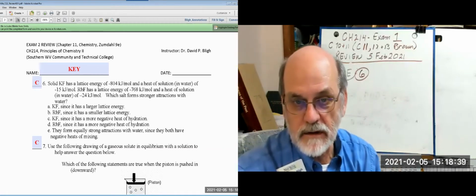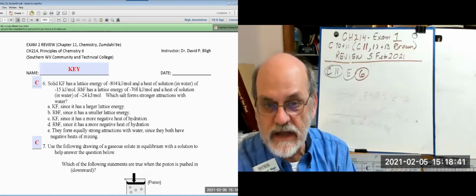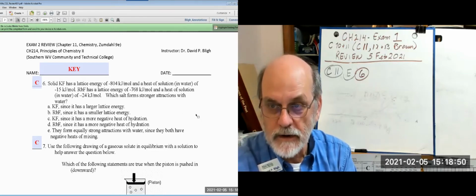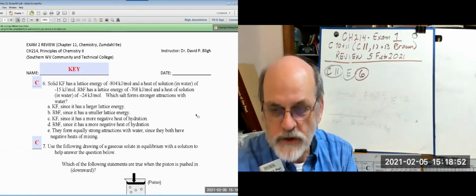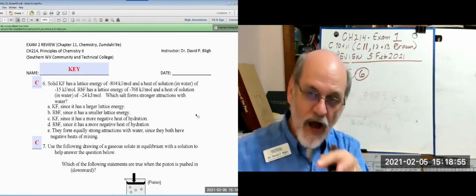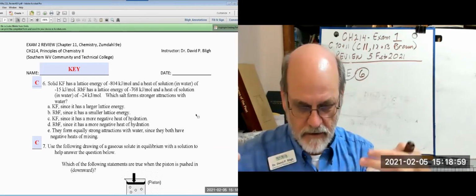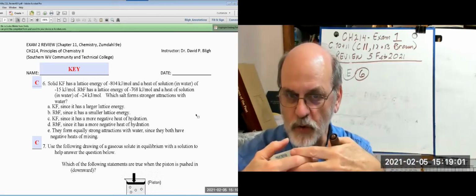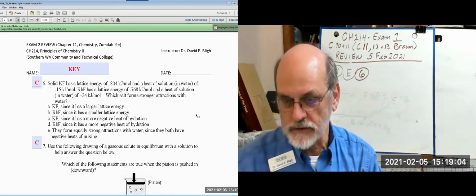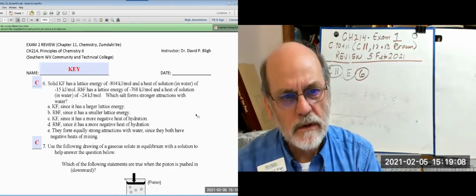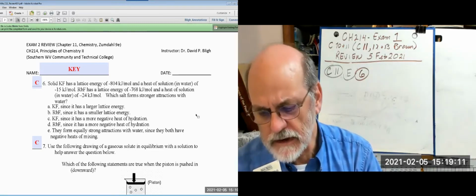And the information we're giving here is used to determine which one forms the stronger attractions with water. Which one, in the process of going into solution, actually bonds more strongly with the water molecules. Okay, so let's see, here we go.